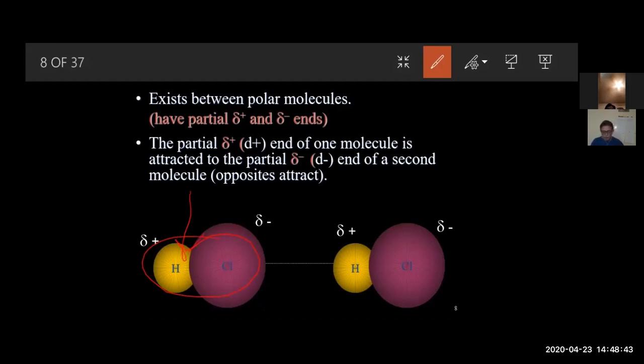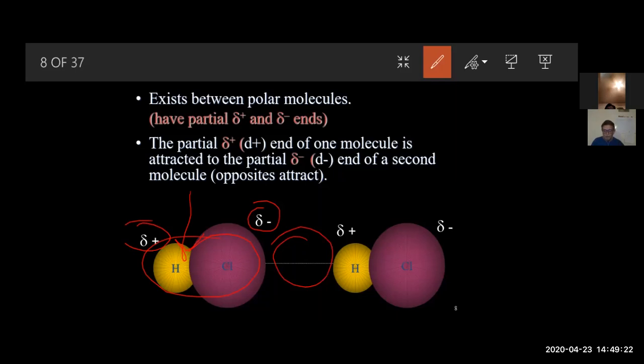And so we have created a permanent partial negative there, and a permanent partial positive on the hydrogen. It's a permanent dipole. That results in this interaction here, denoted by that line, with another molecule. Now, there's not a bond there, it's an interaction. And that interaction, depending on how strong it is, does affect the properties of the molecule, like the four properties we're going to talk about: boiling point, vapor pressure, viscosity, and surface tension.